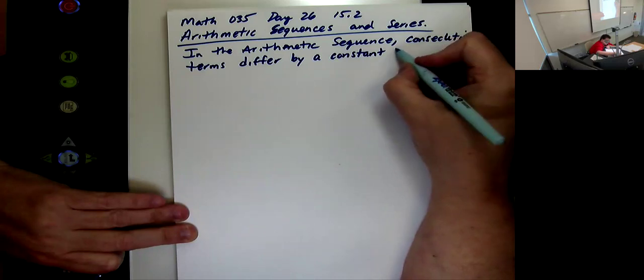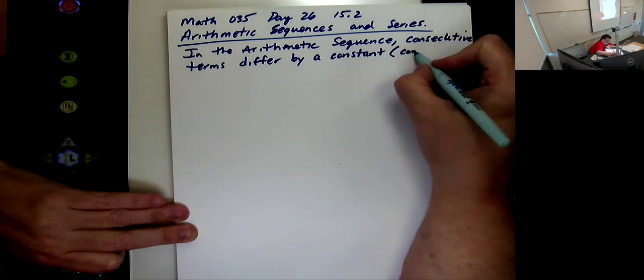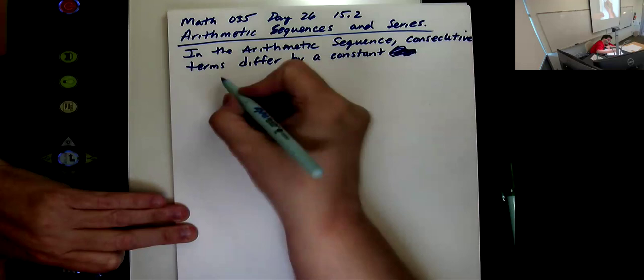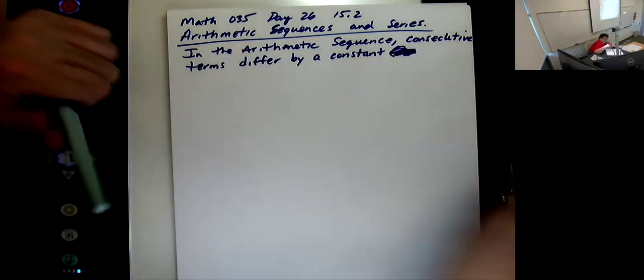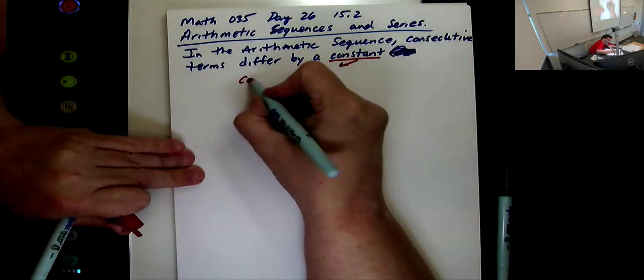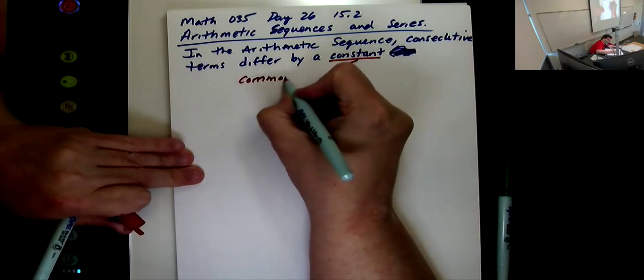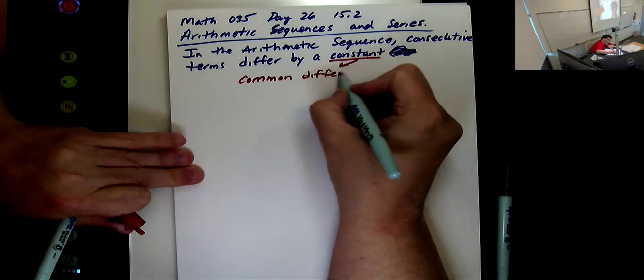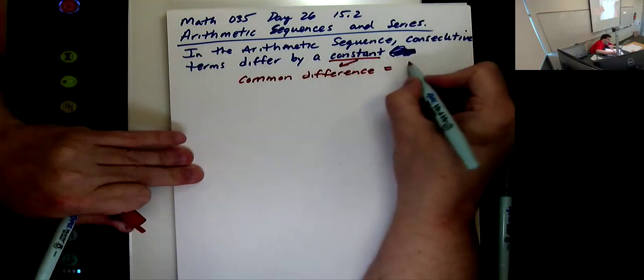And we'll call that constant the common difference. I don't have a lot of room right there. I'll change color for it. This constant, we're going to call the common difference, and we're going to give it the letter d.